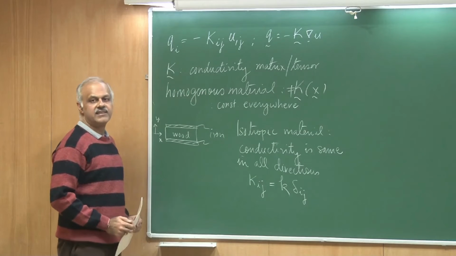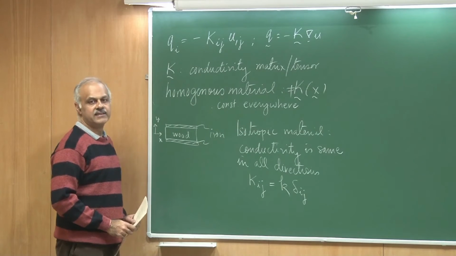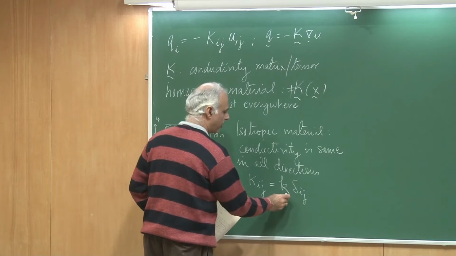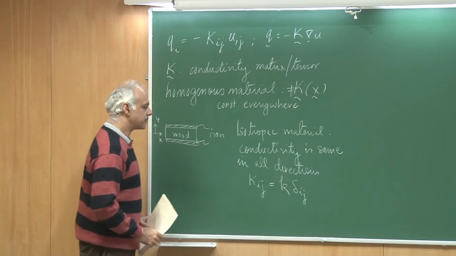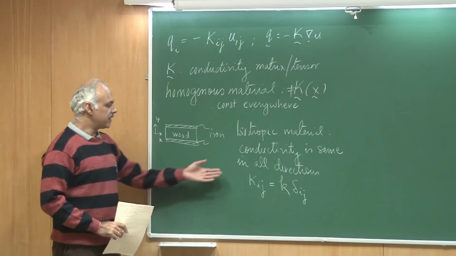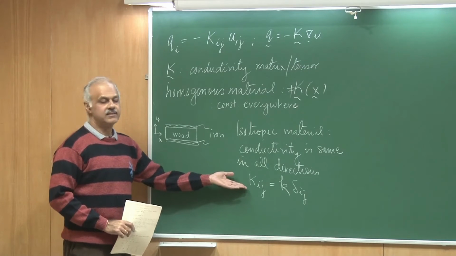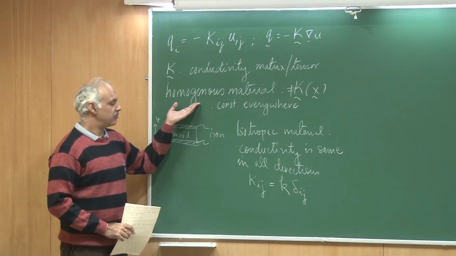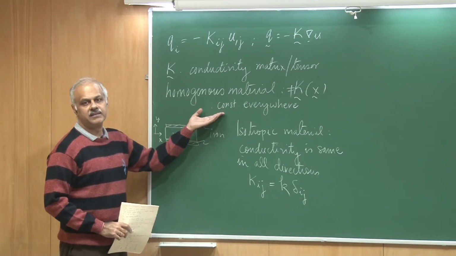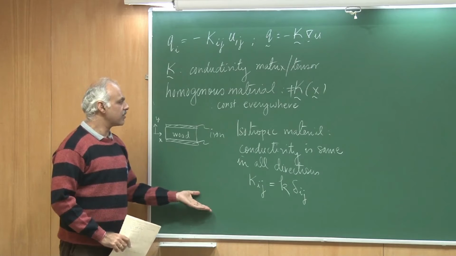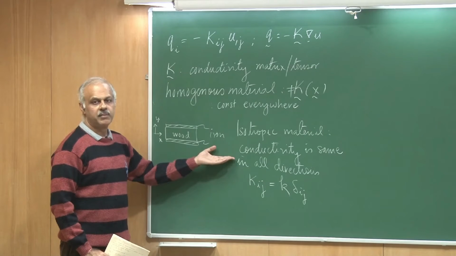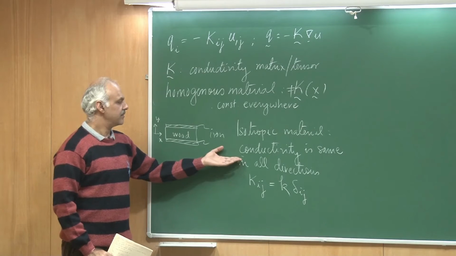So Kij has a structure of a diagonal matrix, okay? And I have the off diagonal terms which are 0. So the simplest material would be a material which is isotropic as well as homogeneous. So it neither is directional dependent nor it is spatially dependent. You can have combinations of these. So I can have a material which is not isotropic but it is homogeneous, and vice versa.